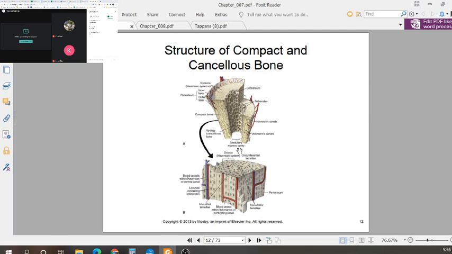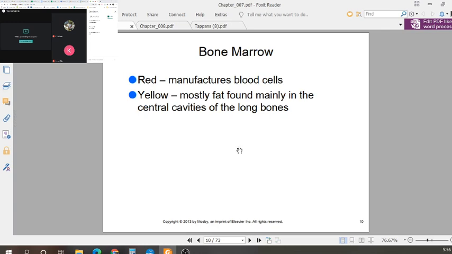Okay, bone marrow. We have red and yellow bone marrow. You need to understand the difference. Red produces your blood cells. Yellow is mostly fat, so storage for energy. But the red marrow produces our blood cells.